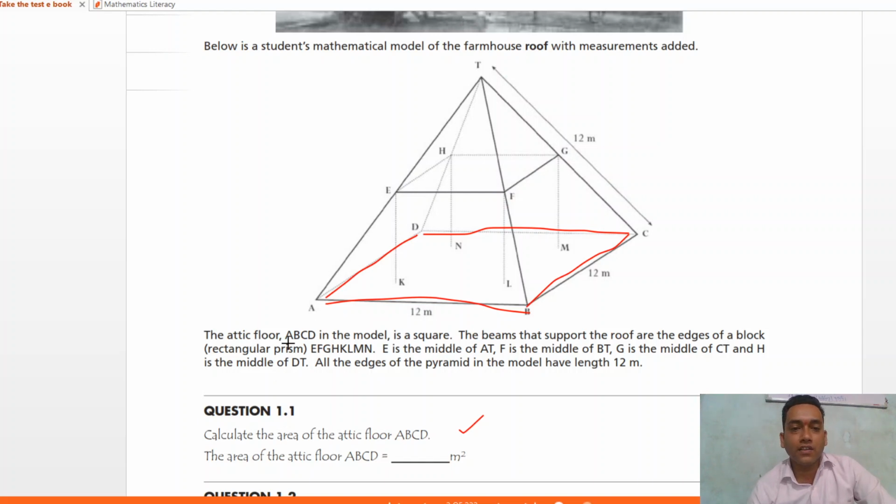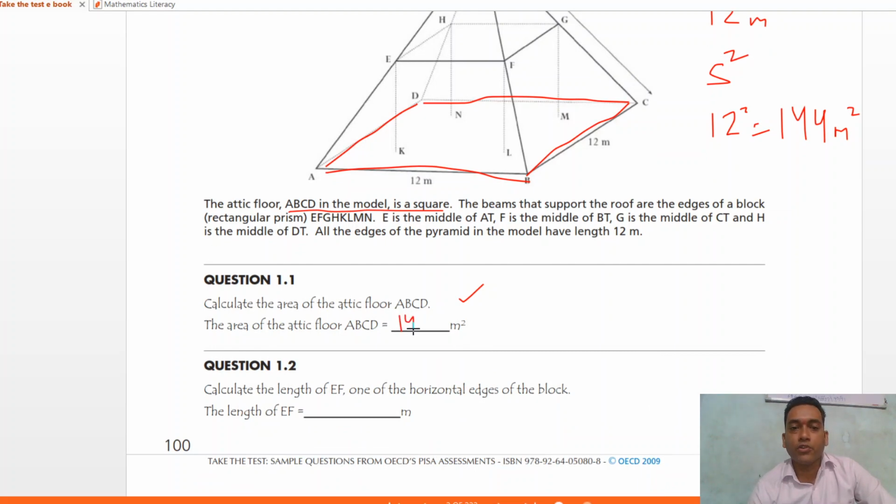Since it is given that ABCD is a square, there is no doubt, and all sides are 12 meters. The area of a square is side squared. So the area is 12 squared, which is 144. The unit of area is meter squared, so 144 meter squared.